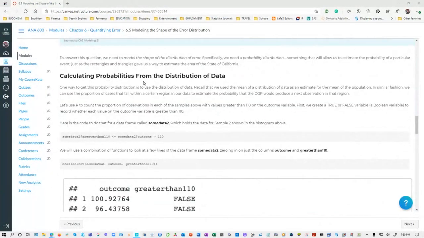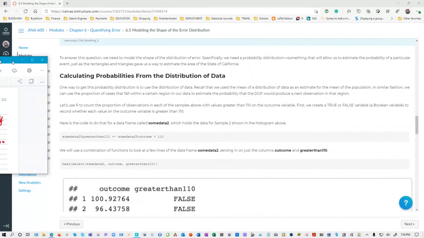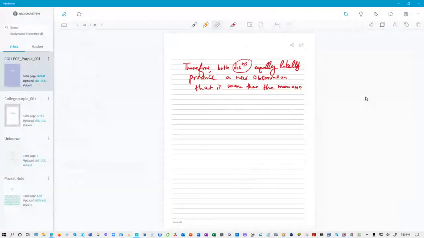Now calculating the probabilities. This chance means the probability. We are heading towards the probability. See, this is the sample 1 distribution.